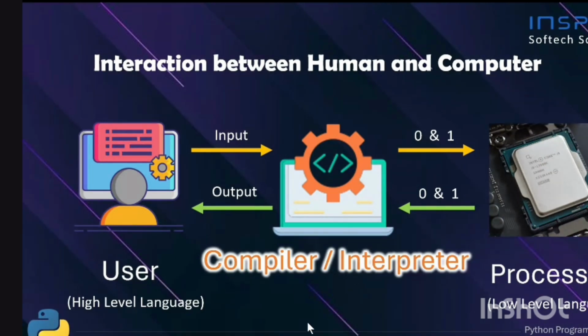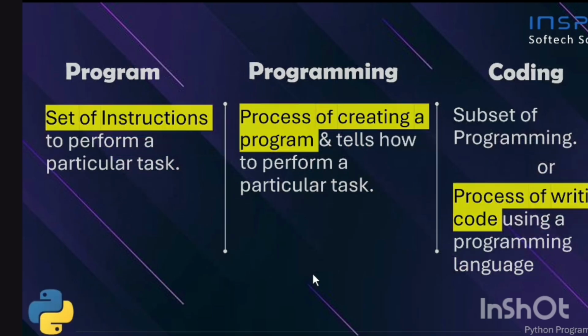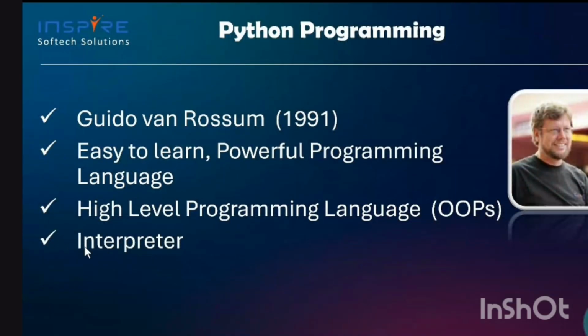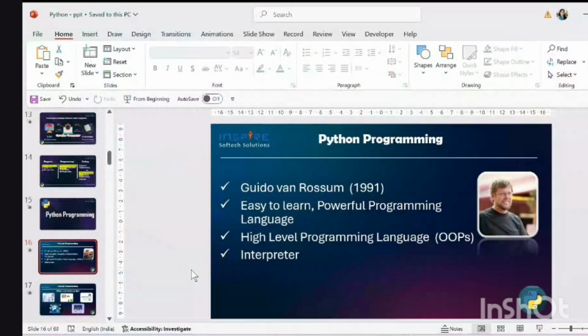Suppose we type print. The computer cannot understand print directly, so it converts it into a file and compiles it to check whether it is correct or not. If it is correct, then it converts the data into binary, 0s and 1s. Then in the processor, which is low level language, it processes our input data and executes it. So that is called the interpreter. Yes, it interprets and processes.